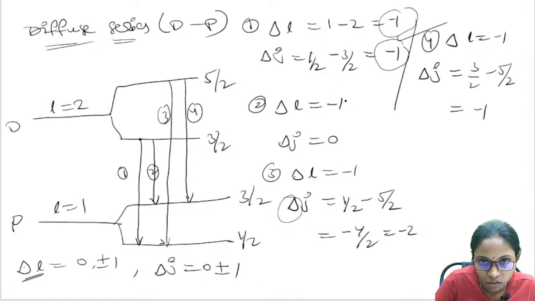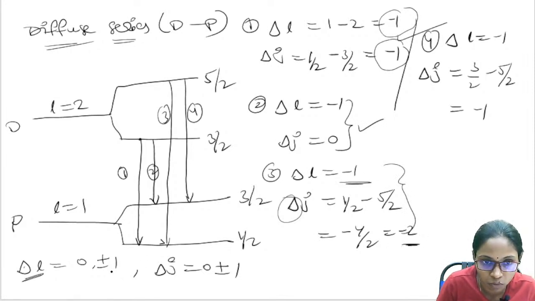So this transition is also possible. Now check this transition. Delta L is minus 1, it's okay. Delta J is minus 2, is it possible? No. Why? Because the transition of the electron from D 5 by 2 to P 1 by 2 is not possible.